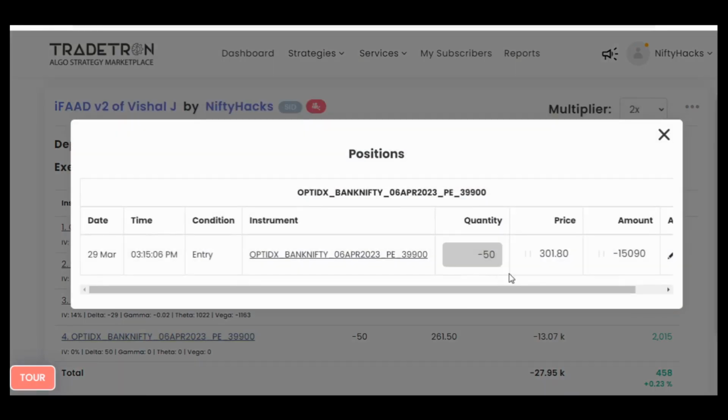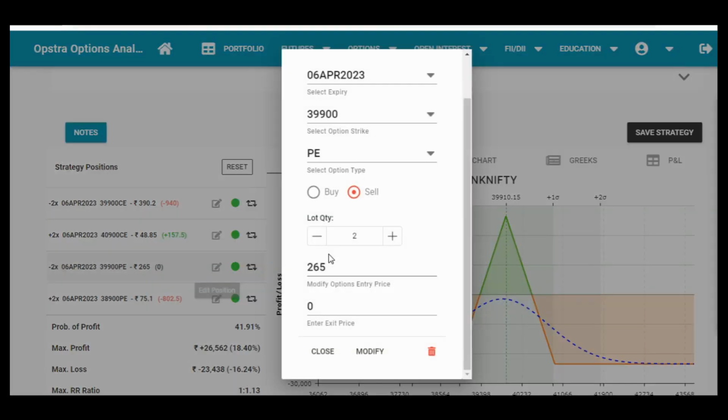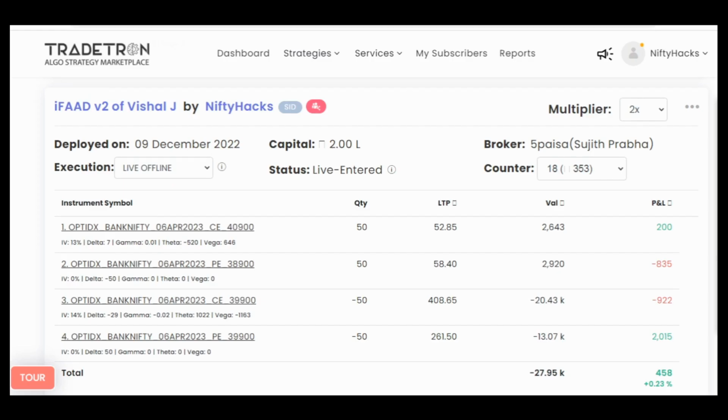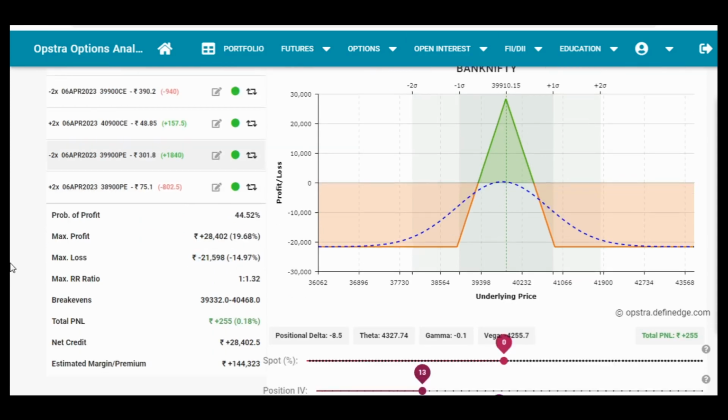And the 39,900 put we sold at this price. I'm simply copying and pasting this. So this was the current status of this iron fly, which we created yesterday, because yesterday was expiry day. So max loss possible is this, max profit possible is this, and probability of profit is this.